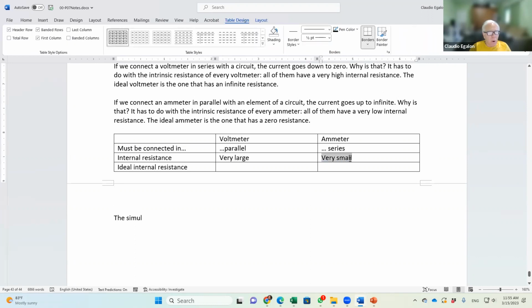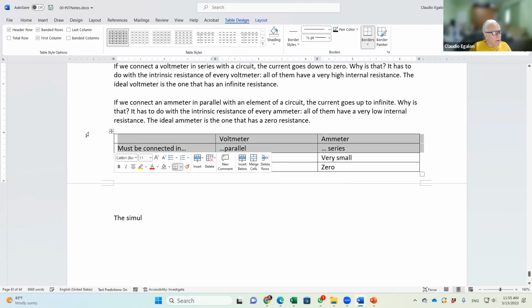When I say very small, it's very small compared to the resistance that you are using in the circuit. Ideal internal resistance: infinite for the voltmeter. Here you go, 0, that's the ideal resistance of an ammeter. Okay. And we can do the following. Let's see.